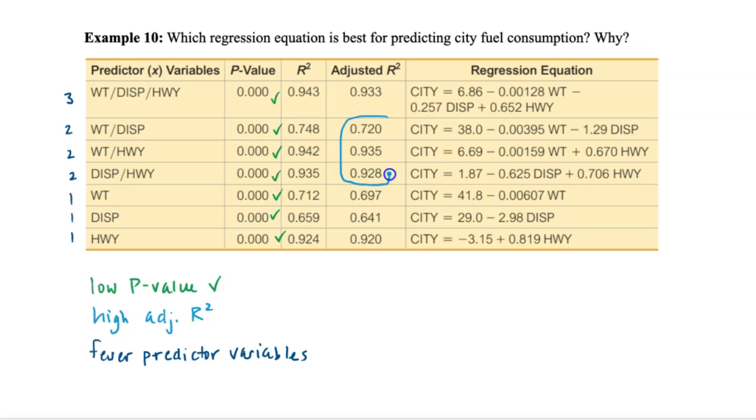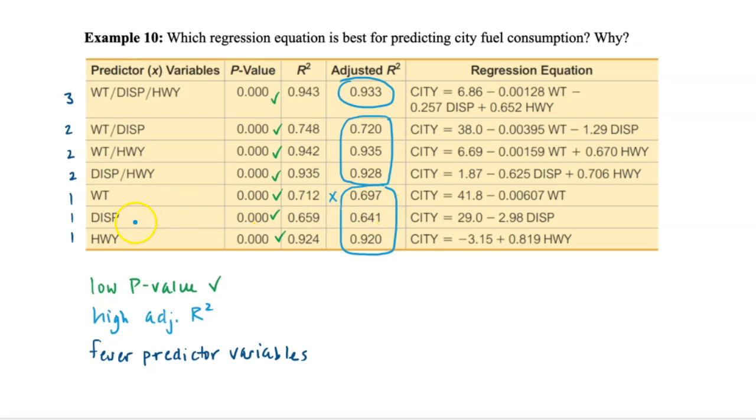So for 2 predictor variables, I've got this group of adjusted R squares. For 3 predictor variables, I've just got this value here. And for 1 predictor variable, I've got these 3 adjusted R squareds here.